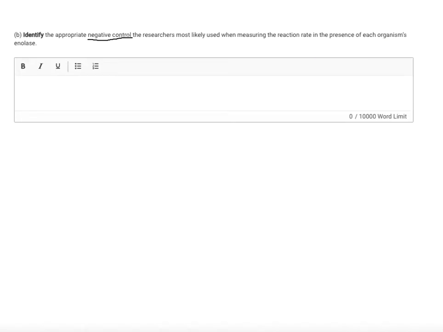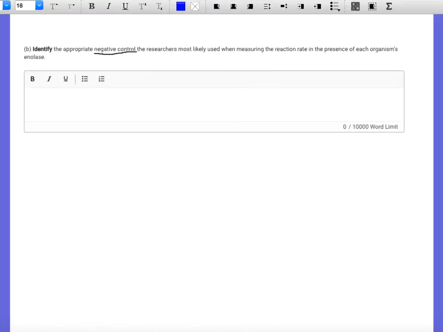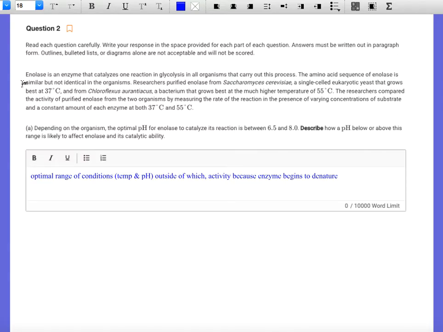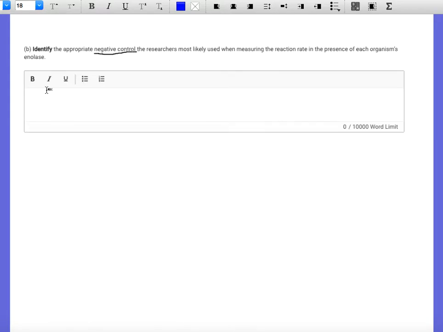So if your experimental groups are going to be enolase from the bacteria and enolase from the yeast, your negative control is going to be no enolase, right?